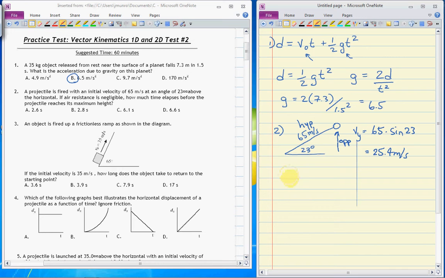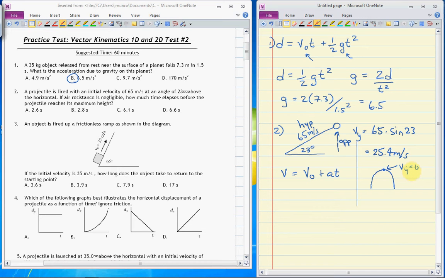I'm going to next use a formula. V is equal to v naught plus at in order to solve for time. Now, again, remember, at the top of the arc, the Vy equals 0.